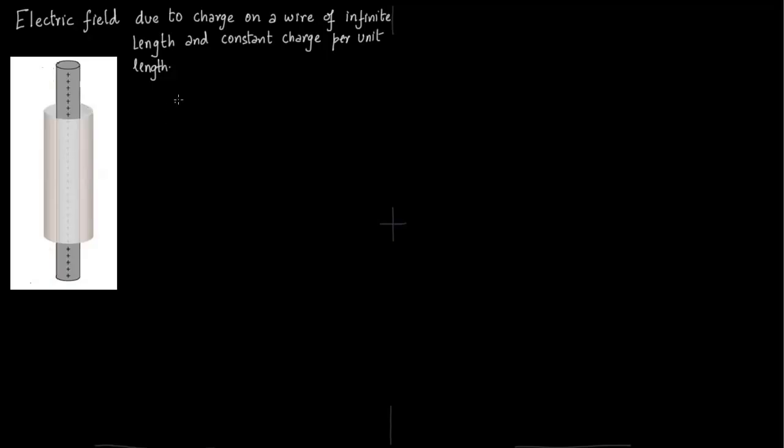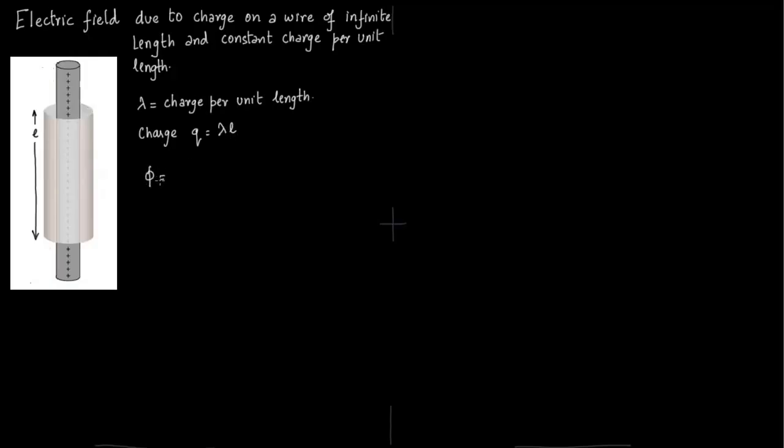Say we are given lambda, the charge per unit length, and the total charge for this length L. The wire is of infinite length, so we are just picking a small length L out of the infinite length of the wire, and on this small length L the charge Q is given as lambda times L. Now we know the formula for the flux.